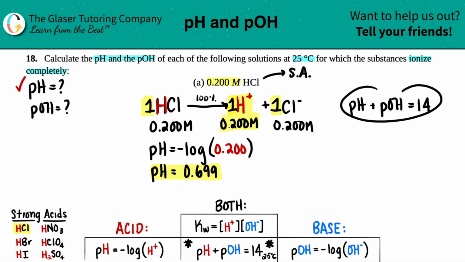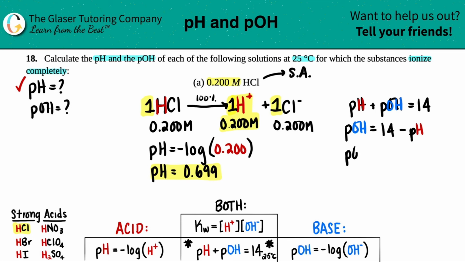And in essence, if we just want to solve for pOH, pOH equals 14 minus the pH. So that's all we got to do. pOH equals 14 minus 0.699.